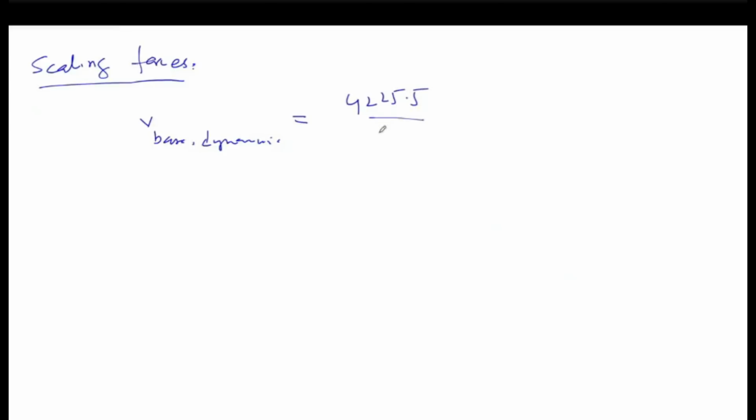The first thing is that we have to divide this by R over IE, where R is equal to 8 and I is equal to 1. So in this case, the force we will get is 528 kip. The dynamic base shear.